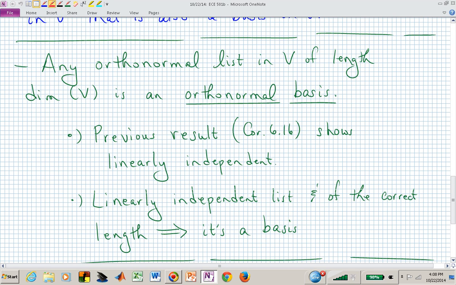Corollary 6.16 shows us that that orthonormal list will be linearly independent, and the definition of a basis really says if you have a bunch of linearly independent vectors and they span the space, that now is a basis. So that's now our thinking behind an orthonormal basis.